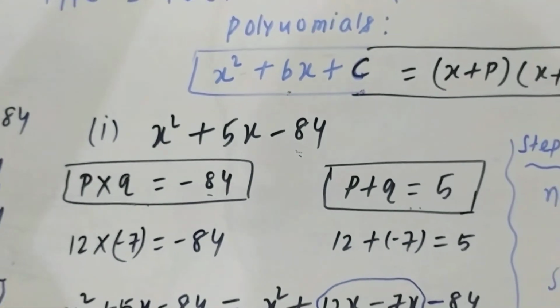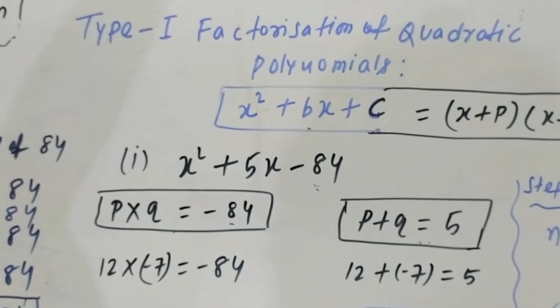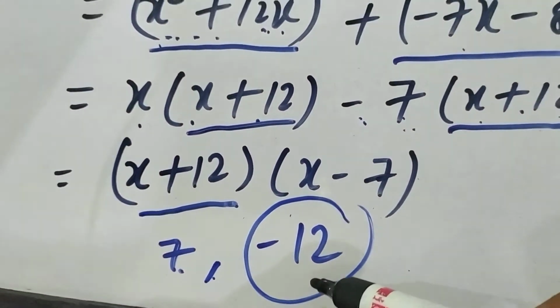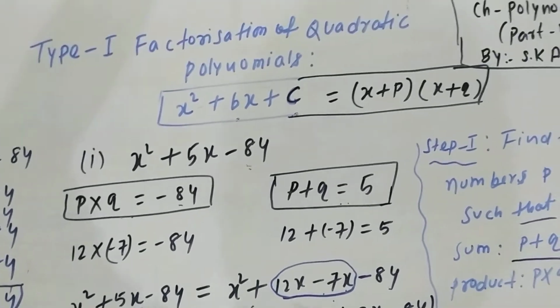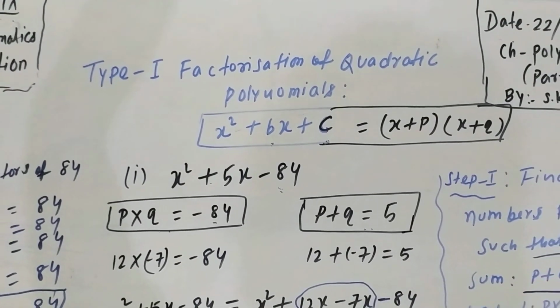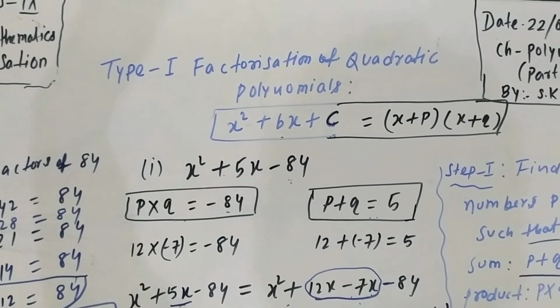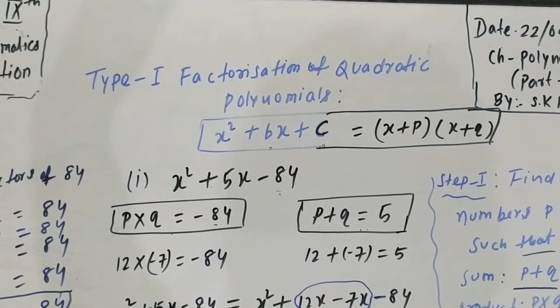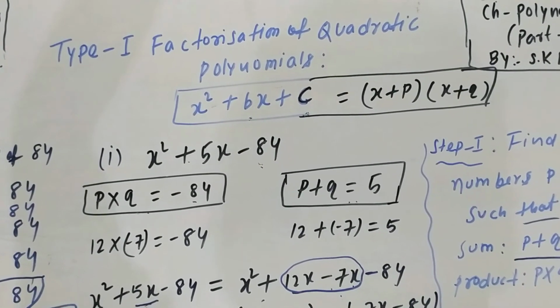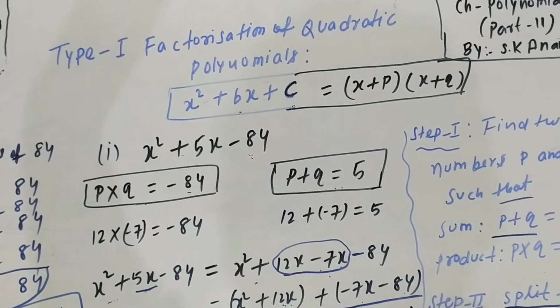So that is why we say 7 and minus 12 are the roots of this. I hope I have made clear the concept behind the factorization of quadratic polynomials.